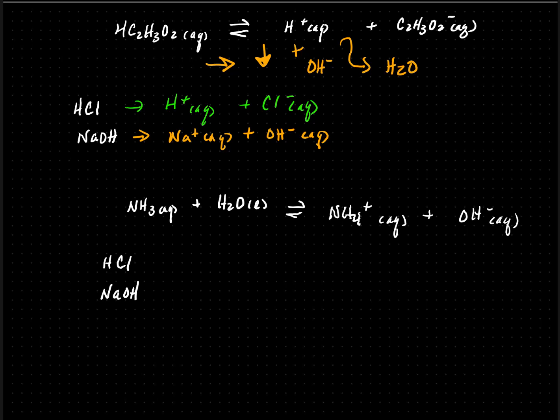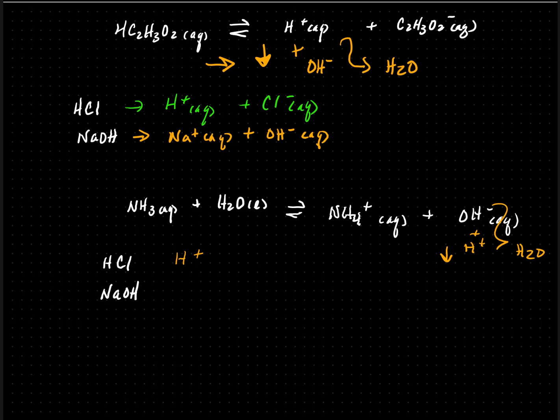So if I add HCl, again, it's a strong acid, so it's going to break into H+ and Cl-. If I add this to the reaction, the H+ will combine with OH- to produce H2O, therefore removing the OH- ion. According to Le Chatelier's principle, the equilibrium will shift towards the removal to increase the concentration that was removed.